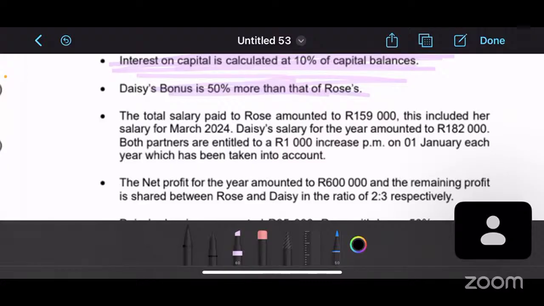Each and every year on 1 January they get an increase of 1,000 to their salaries. So for the January, February and March salary there was an amount that was increased by 1,000 rands.